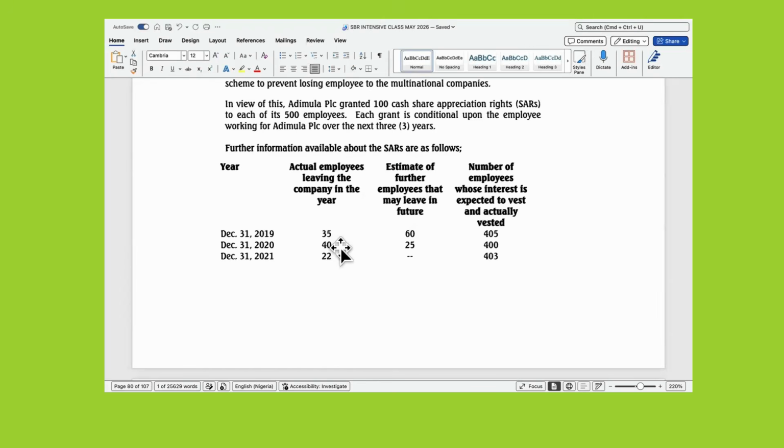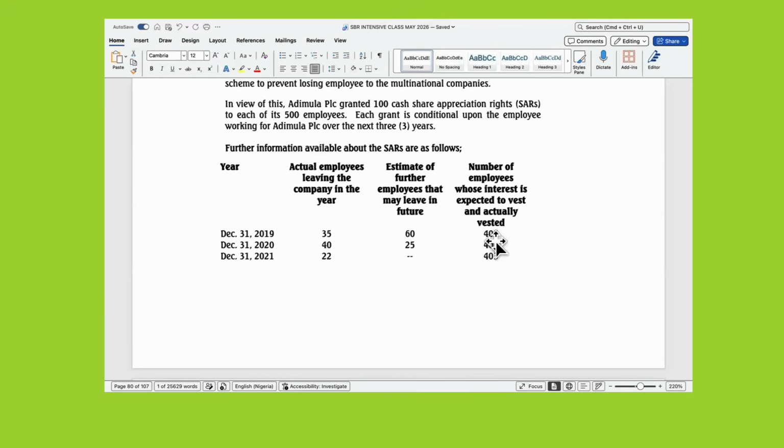Now they are estimating that an additional 25 will leave next year. So the estimate of total departure is 100, and that's why we have 400 here in the last column. It is only this 400 that will meet the condition. As of now it is an estimate because we are not in the future yet, and we consider that as well.